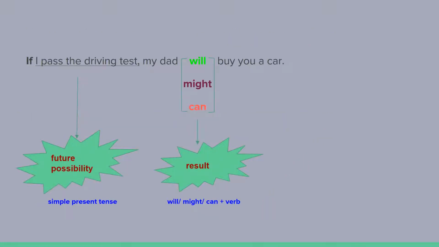If I pass the driving test, my dad will, might, or can buy me a car. Here, the sentence with if is a future possibility, and in future possibilities, as you can see, we use simple present tense. And in the results section, you can use will, might, or can plus the verb itself.